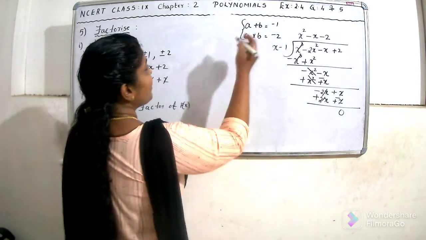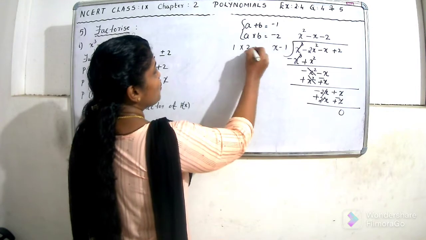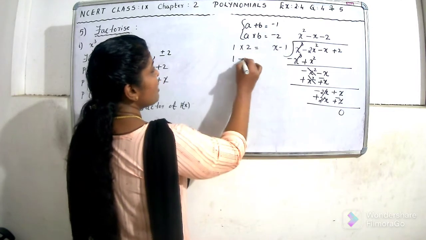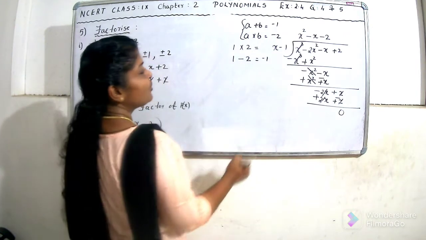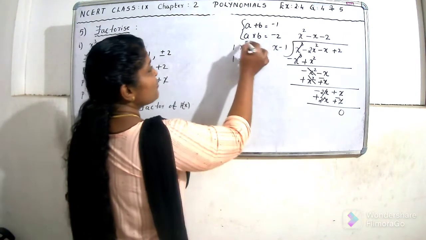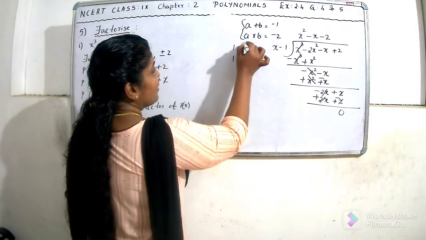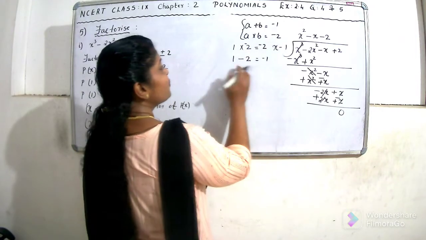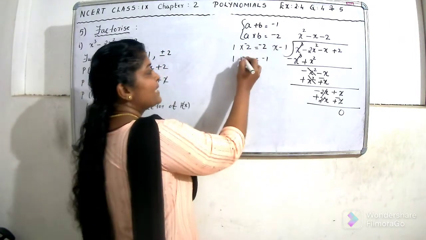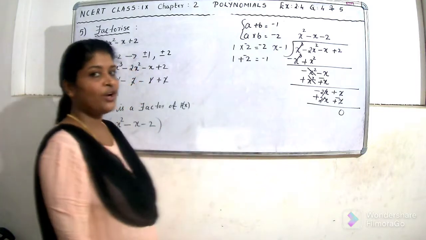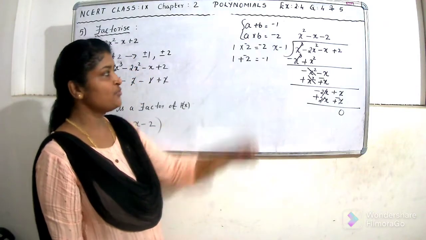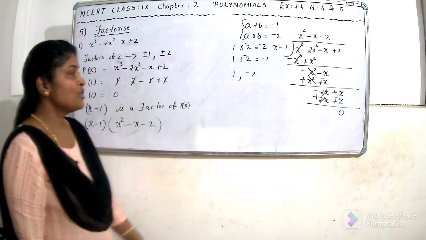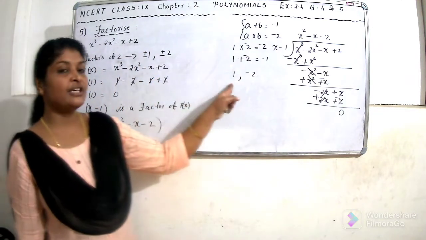If we take 1 and 2, when multiplying we get 2. Take 1 and negative 2: 1 into negative 2, the answer is negative 2. 1 plus negative 2, the answer is negative 1. So the two numbers we can select are 1 and negative 2. Instead of negative x, we can write these two numbers.